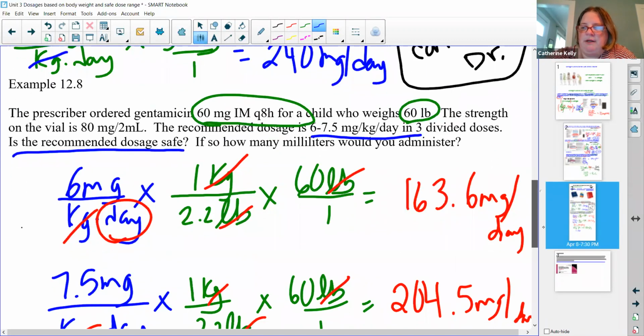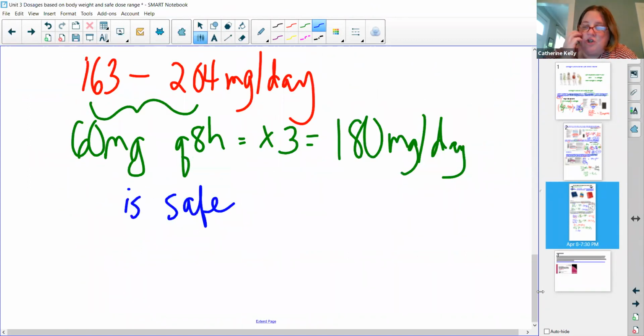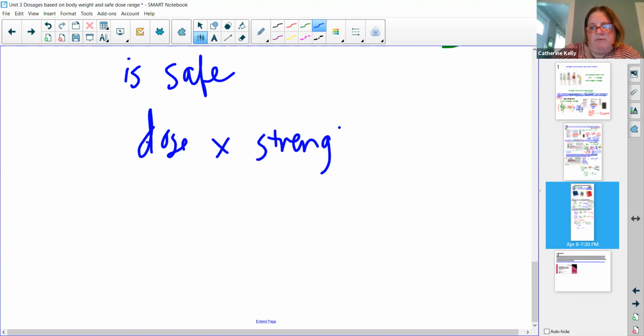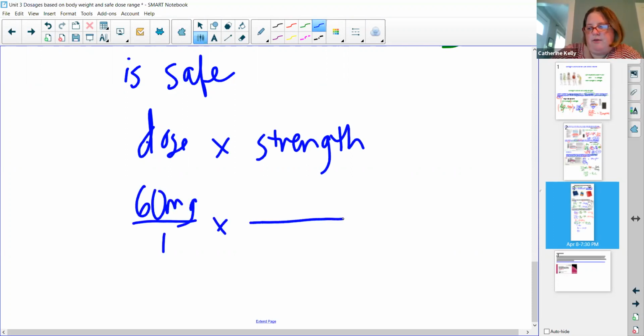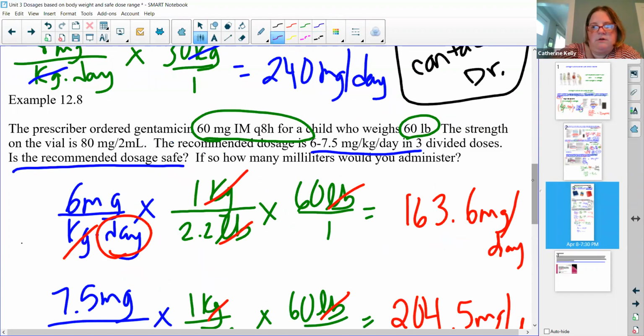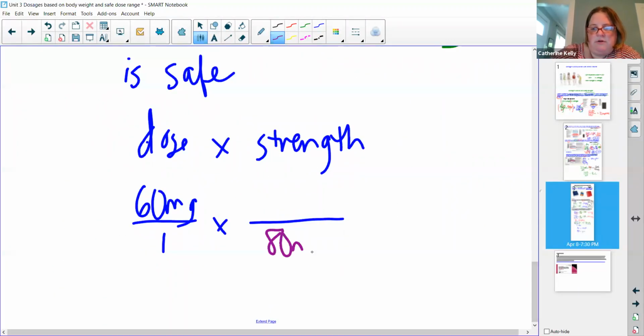And then it says, if so, how many milliliters would you administer? You're going to take the original dose, not the whole thing per day, but just the dose, and do dose times strength. So you're only going to administer 1 dose right now. Your dose is 60 milligrams, and your strength was given as 80 milligrams for 2 milliliters.